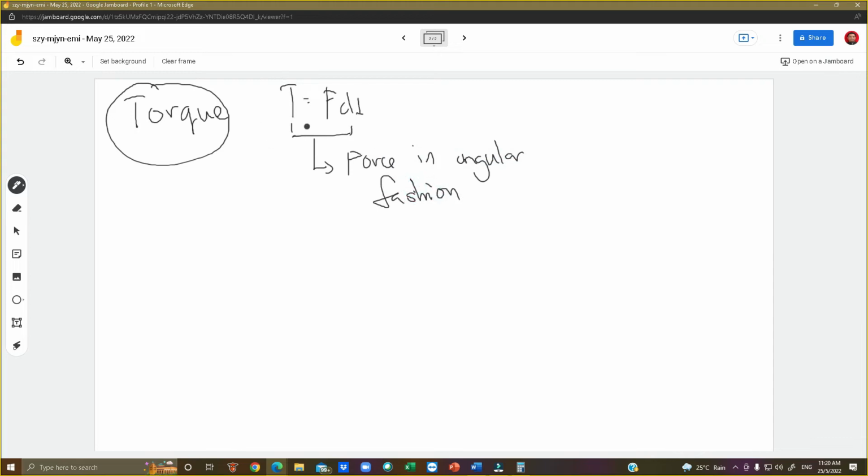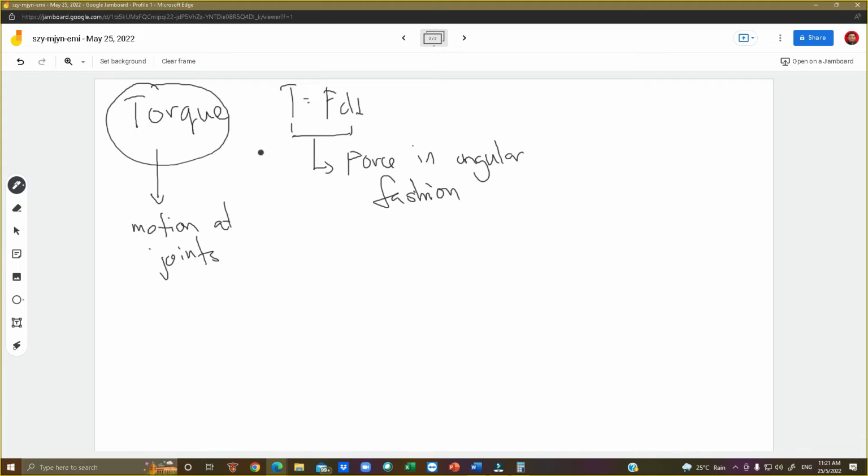What caused the rotation? It is torque. What caused the translation, gerakan tegak? It is force. What caused the leg to move? It is torque. Most of the time when we talk about torque, it involves motion at a joint, because all of our joints move in rotational action since it involves an axis of rotation. Jadi dia adalah lebih kepada torque.